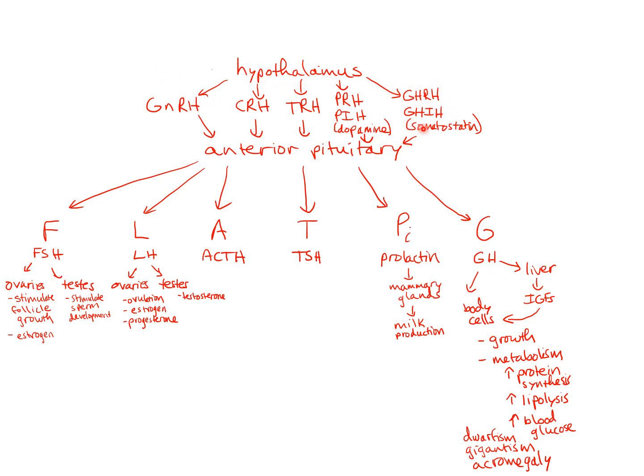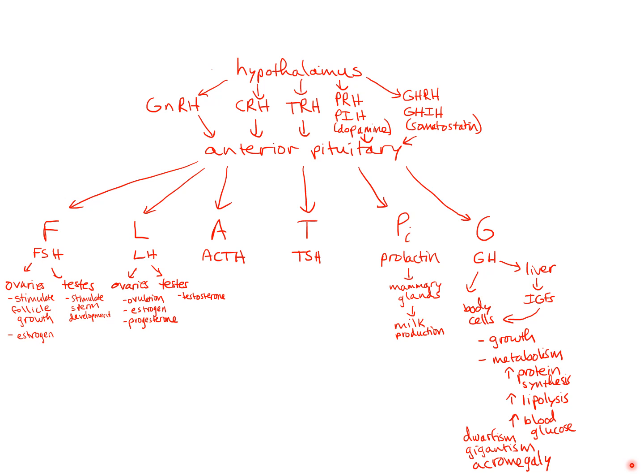And the two hormones that control growth hormone release from the anterior pituitary are growth hormone releasing hormone and growth hormone inhibiting hormone. And so the anterior pituitary will release growth hormone if the hypothalamus secretes growth hormone releasing hormone. And then the growth hormone can directly act on the body cells or go to the liver first and then tell the liver to secrete the insulin-like growth factors.